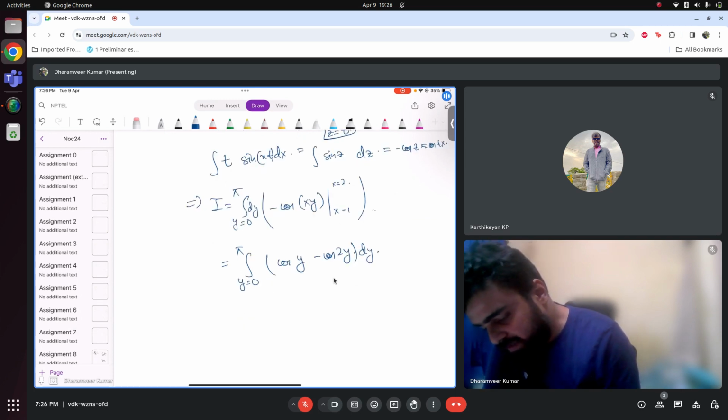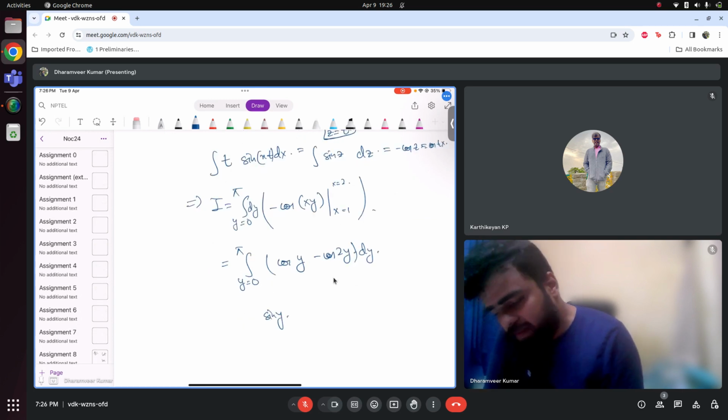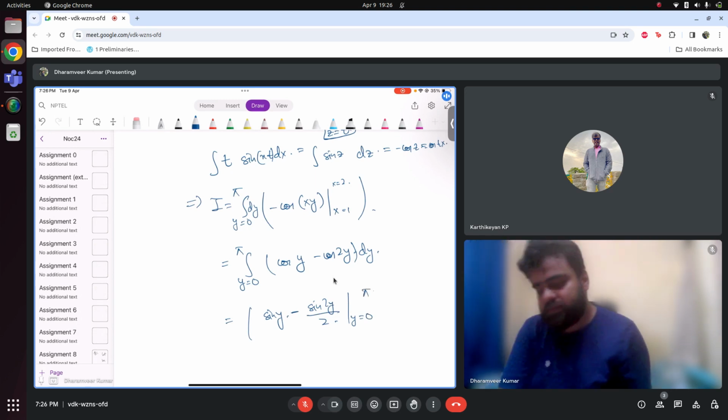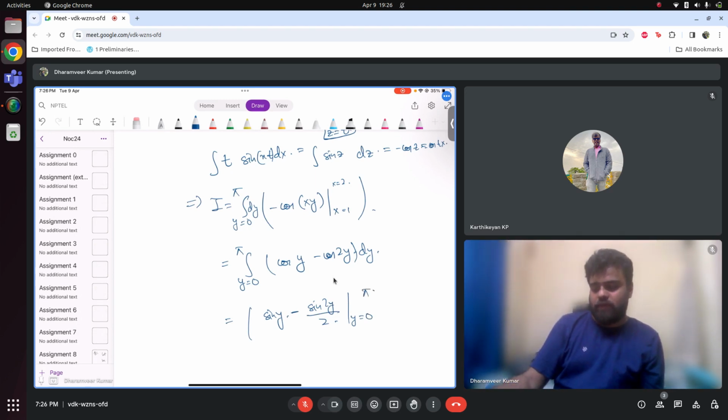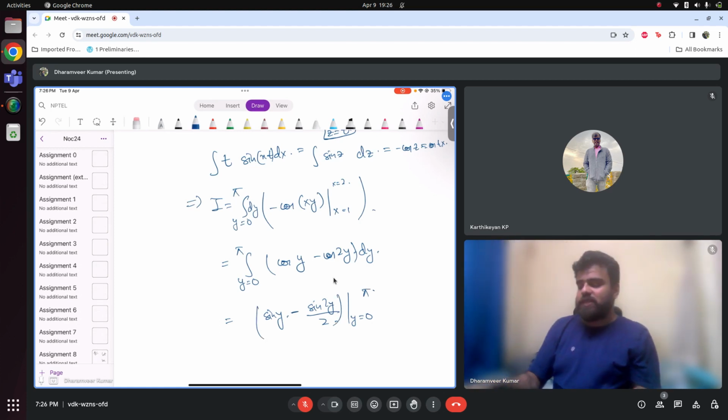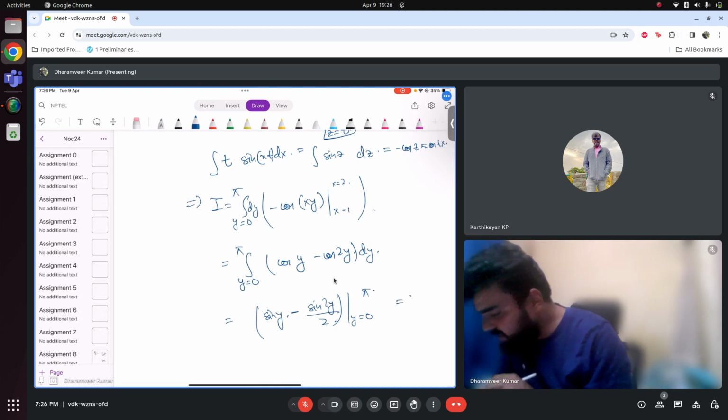Cos y integrates to sin y, and minus cos 2y integrates to minus sin 2y over 2, from y equal to 0 to pi. At both 0 and pi, for all values, this term is nothing but 0.